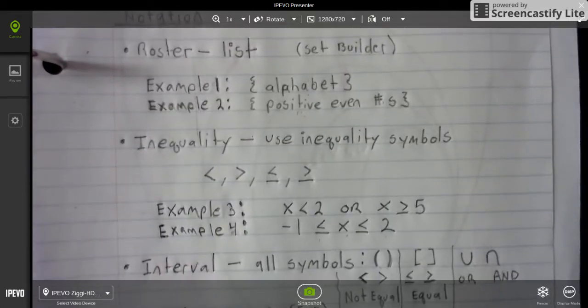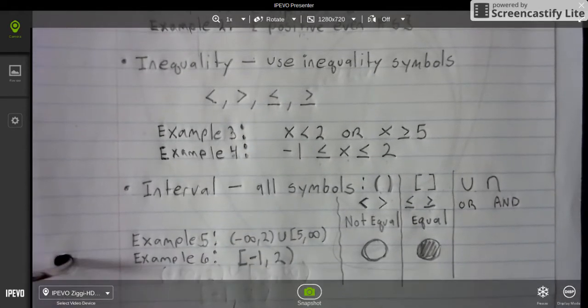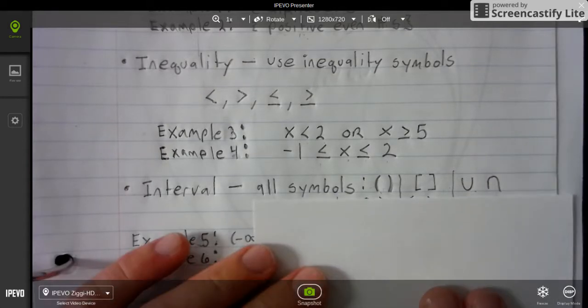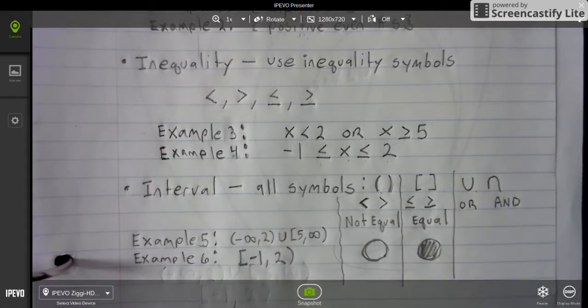Interval notation uses the symbols parentheses, bracket, the U, and the upside down U. Now I'm going to cover this up for the moment just so you see that is interval notation. Everything below is just describing and letting you know what those mean. So parentheses could be less than or greater than, they're not equal, and it's an open circle.